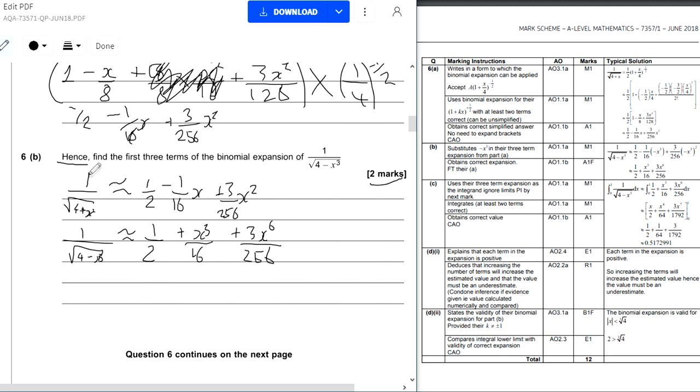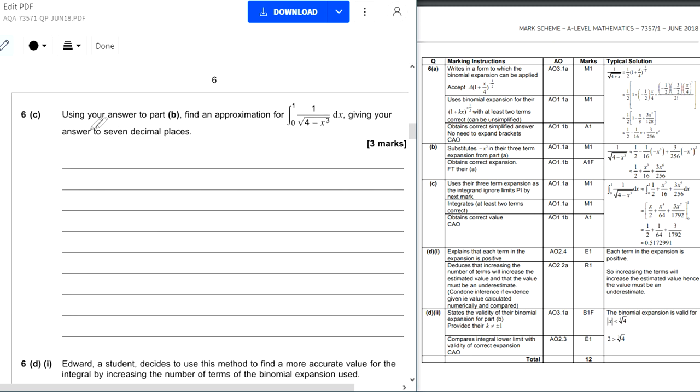The original expression is 1 over root 4 plus x, but here we have minus x cubed. So that's our plus x. So we have to replace it by minus x cubed. So here, minus x cubed is going to turn that into a plus. But here, because it's squared, it's still going to be a plus. Just a little thing there.